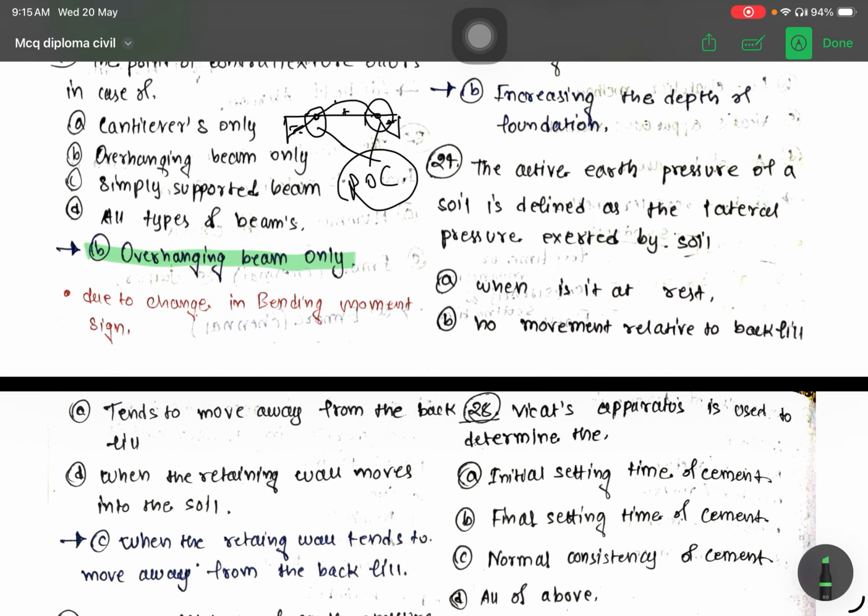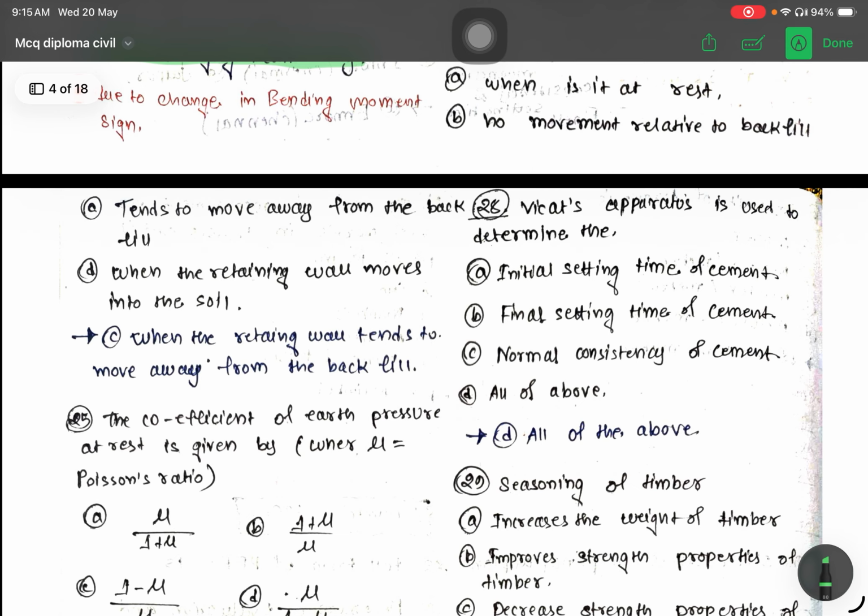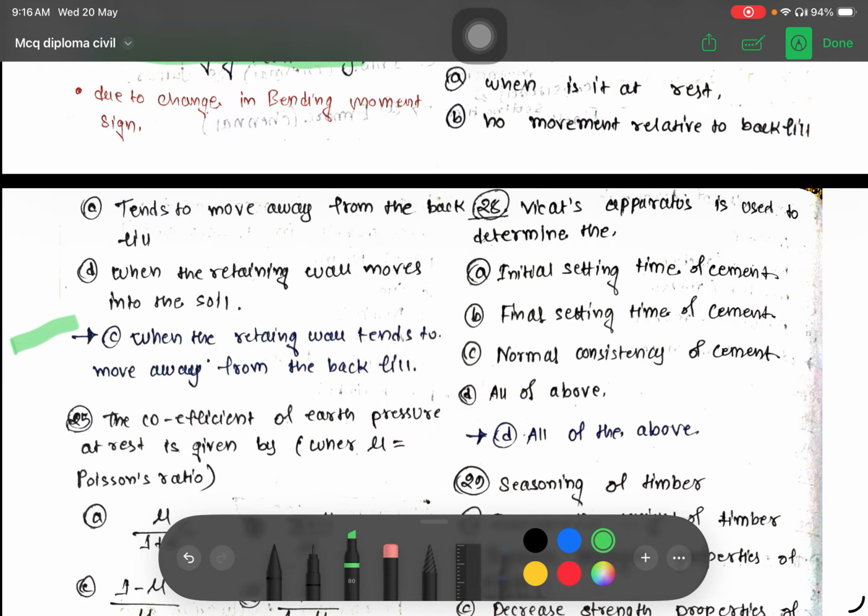When the retaining wall goes away from the backfill, it is called active earth pressure, and when the retaining wall goes into the earth fill, it is called passive earth pressure. When there is no movement, it is called at rest.